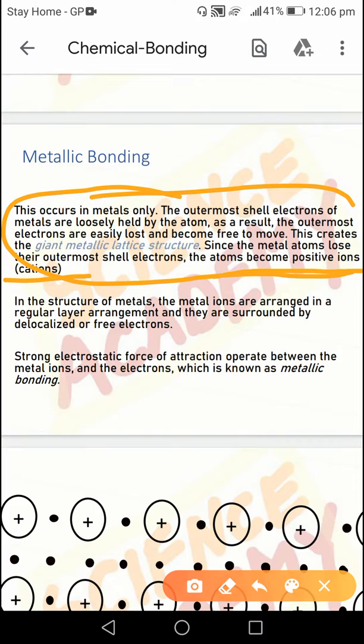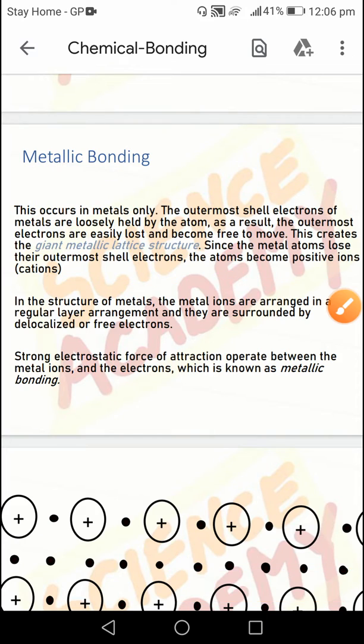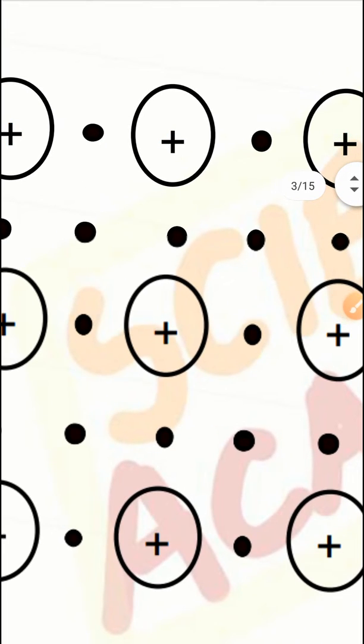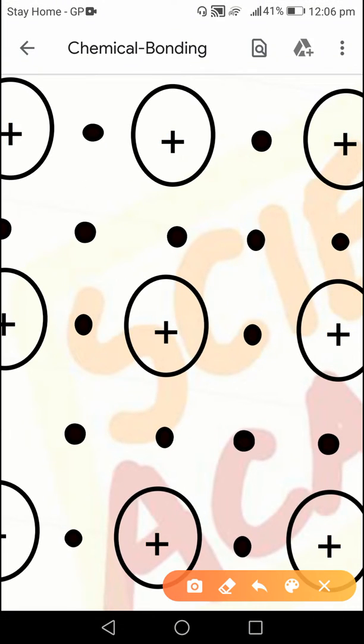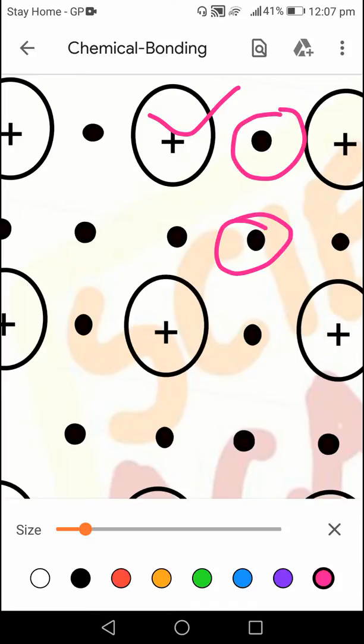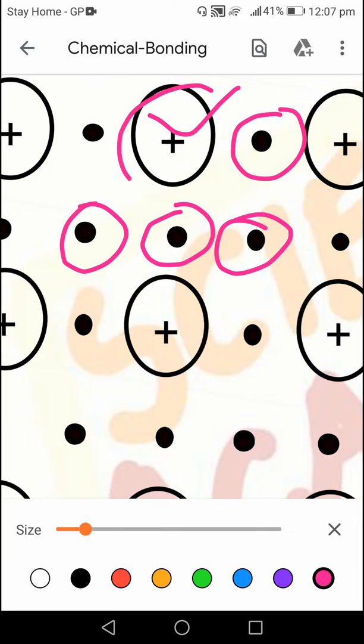Overall, what we get is a structure like this. Look at this structure. These are the metal ions and these are the electrons, the outermost shell electrons that are lost by these metal ions.